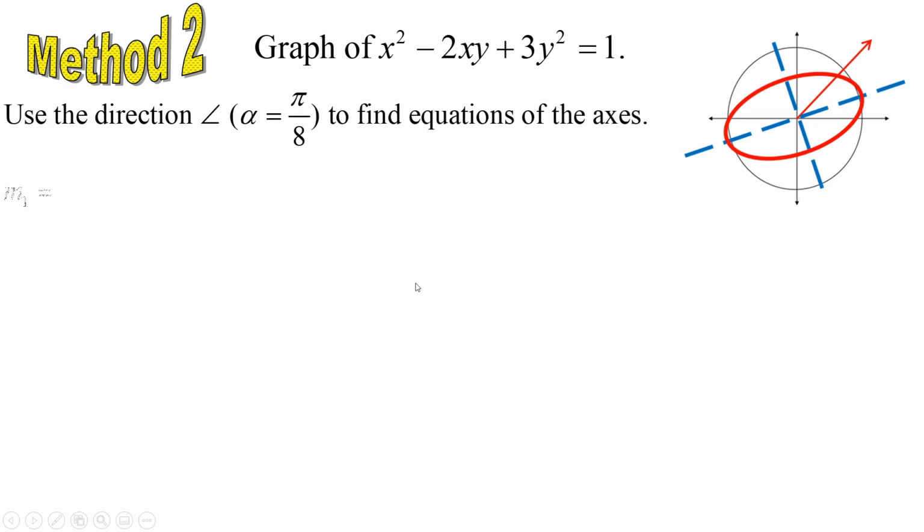All right, so slope. What is the slope of our major axis? Well, remember that m equals tangent of alpha. All right, can't we use that here? Can I say m sub 1, or the slope of this major axis right here, wouldn't that have to equal tangent of my direction angle here, pi over 8? There you go. All right, so we're good to go here.